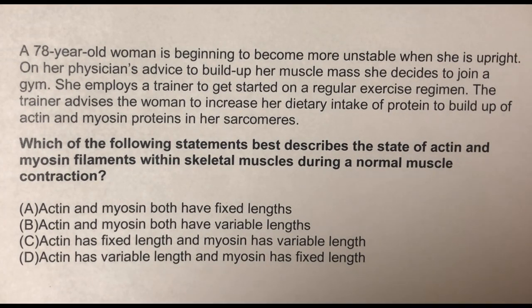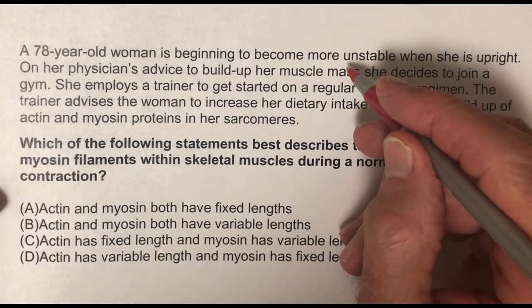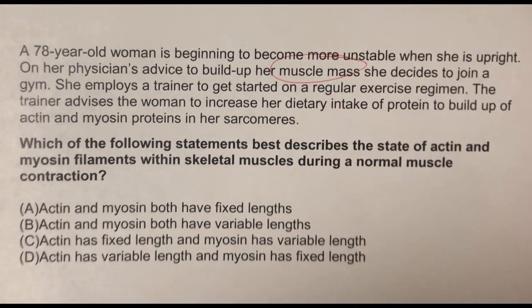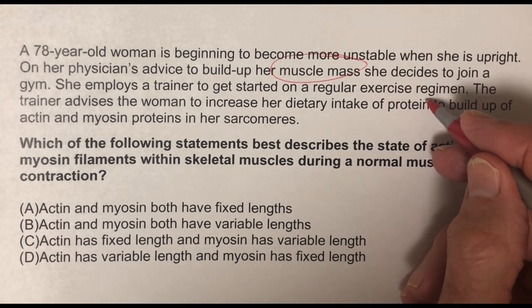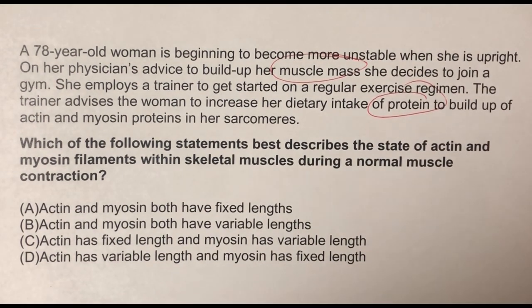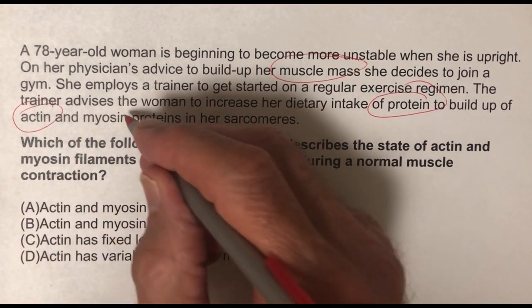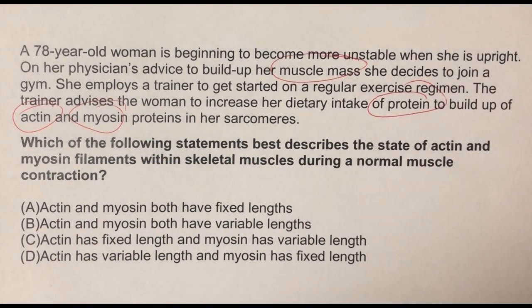So it turns out that we don't need the clinical vignette at all. Building up a person's muscle mass using dietary intake of protein is going to happen, right? Because it's going to add actin and myosin in her sarcomeres.